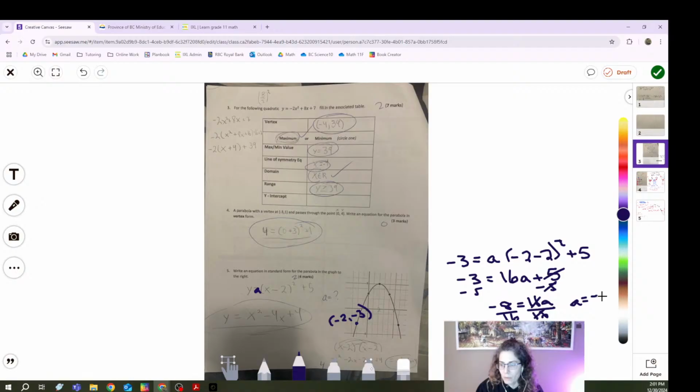With the other one, you've got a vertex and you have it passing through a point. So I like what you did there. You've got 4 for the y, you've got 0 for the x. Your vertex turns it into a plus 3 and 1. That's good. So where's the a out front again? You forgot the a.